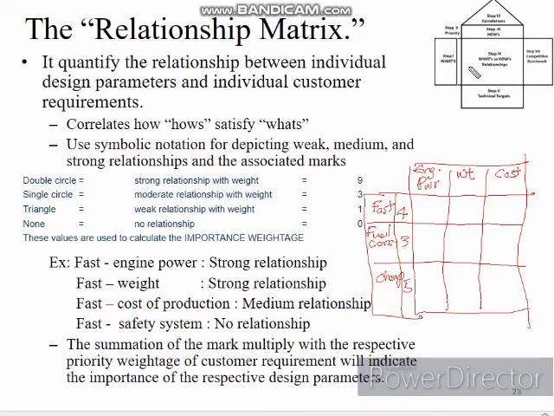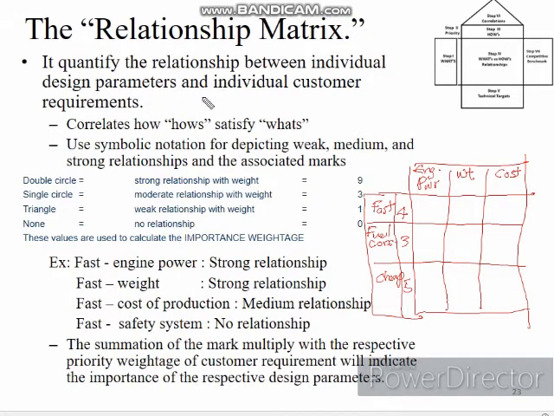The purpose of this room is to quantify the relationship between the individual design parameters and the individual customer requirements. The design parameters are engine power, weight, and cost. The customer requirements, just now, were fast, good fuel consumption, and cheap.